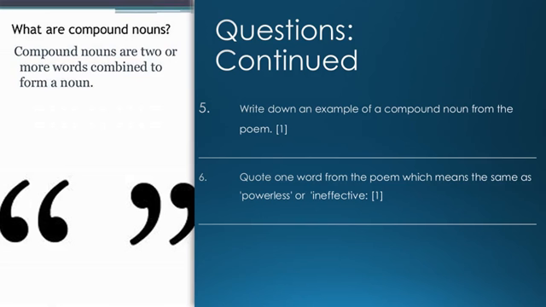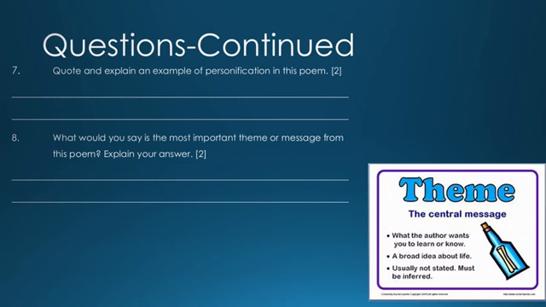Then 6, it says, quote one word from the poem which means the same as powerless or ineffective. I did explain that to you. Now remember, when they say quote, you need to use your quotation marks, which I have put in the image next to this question. 7. Quote and explain an example of personification in this poem. Okay, I did go through that with you.